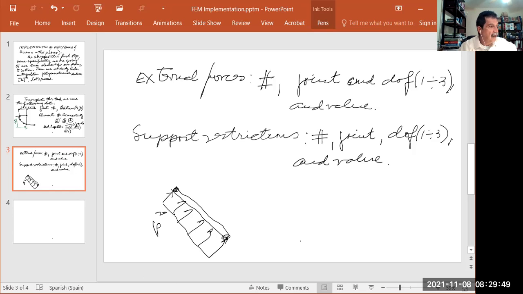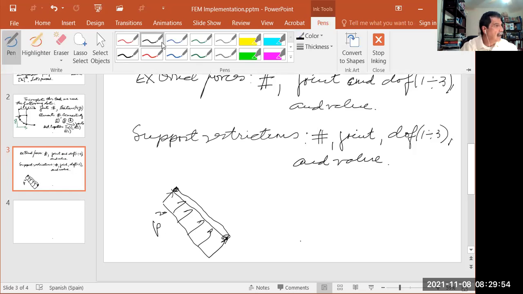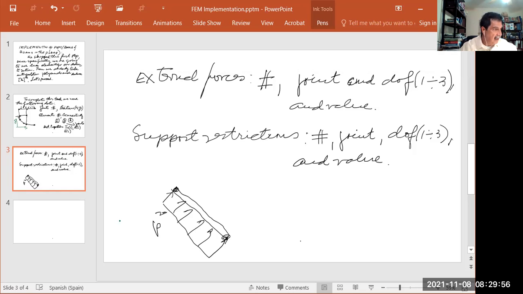So that's that. Okay, now let me include here the global reference system. Okay, so what we need to do here is two things.